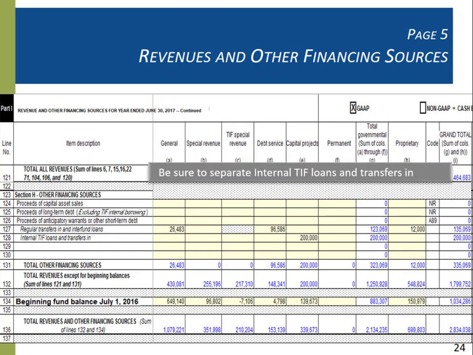You need to separate out internal TIF loans and transfers in. They have their own lines, 127 and 128. If you're using the standard chart of accounts and you're using a software program that lets you search by row, you can actually run a report for those rows and it'll print out for you 127 and 128.